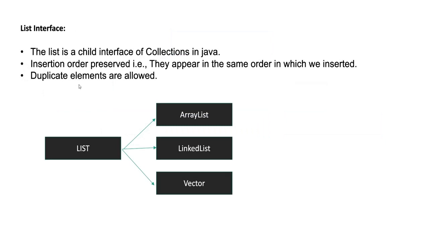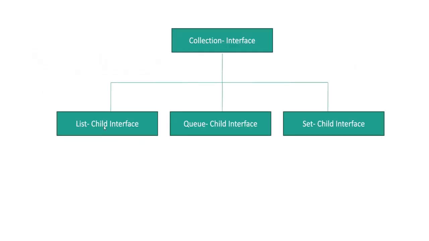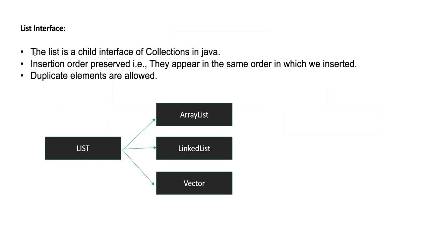Next is the List interface. It is one of the child interfaces, as we saw. The List is a child interface of Collection in Java. The insertion order is preserved, that is, elements appear in the same order in which we inserted them.